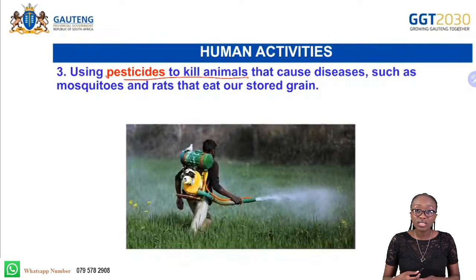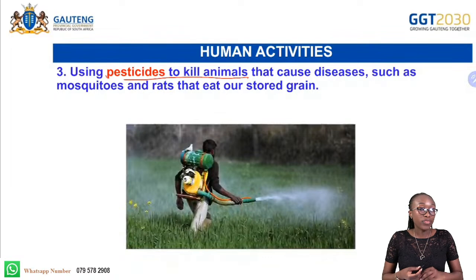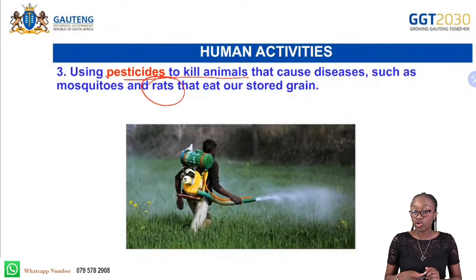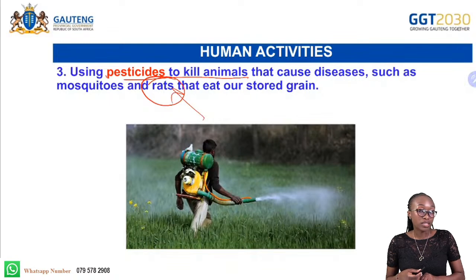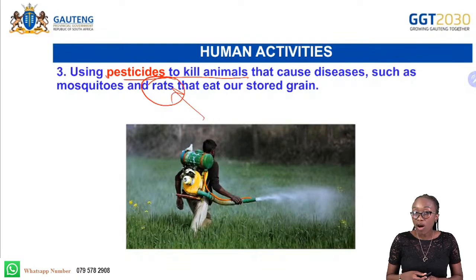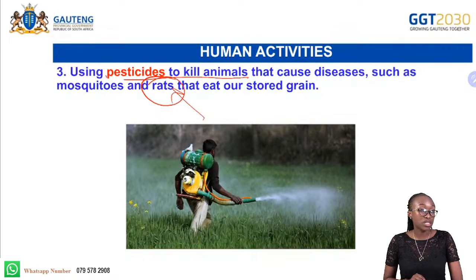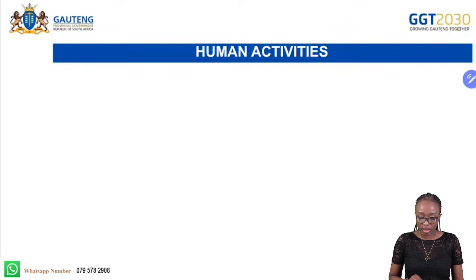If all the rats are killed in an ecosystem, it means that the snakes and the owls and all the other animals that depend on the rats for food are going to need another alternative food source, or they're also going to die out of hunger because their food source would have been destroyed. So using pesticides to kill animals is not such a good idea.